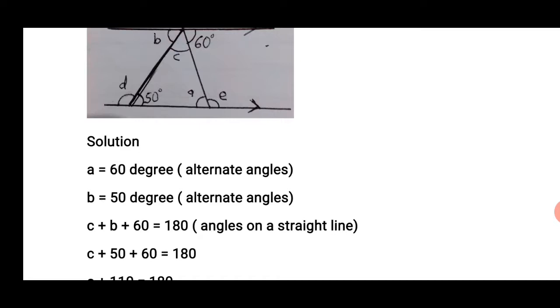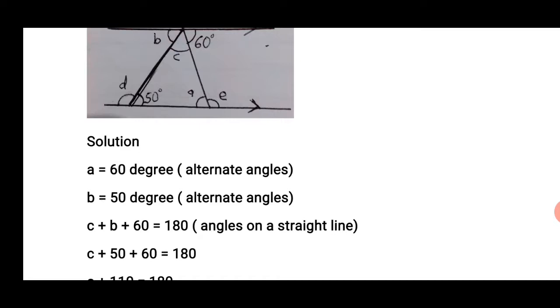To find angle C is now easy because you already know angle A, and the third angle, which is 50 degrees, has been given. So what you do is just say C, which you are looking for, plus B plus 60 is equal to 180 degrees.